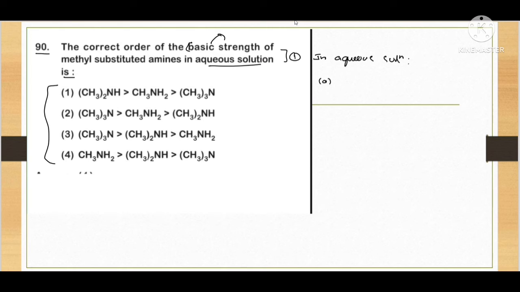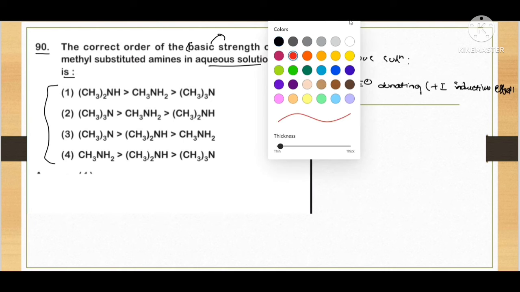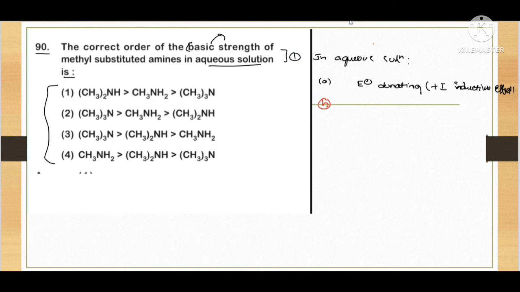The first one is the electron donating plus I inductive effect. The second one is the solvation effect, that is hydrogen bonding. The third one is steric hindrance.